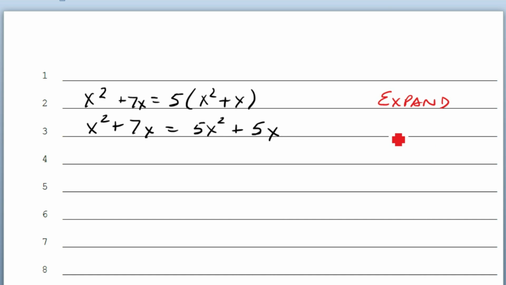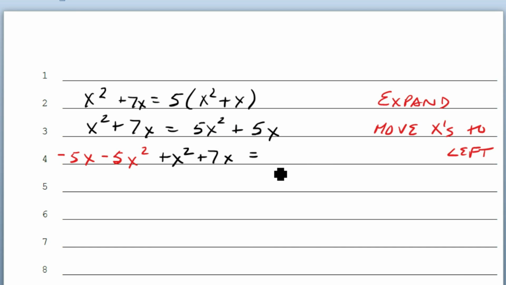And then move all x's to the left. And you can do that by adding a minus 5x to each side. And get rid of this one at the same time. Add a minus 5x squared to each side. And everything else stays the same.